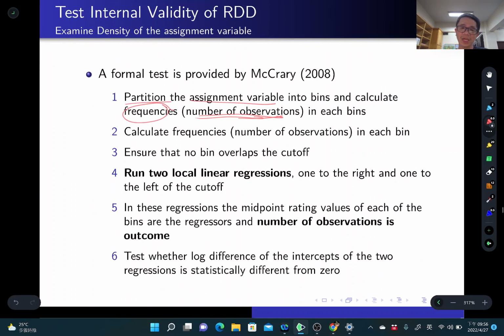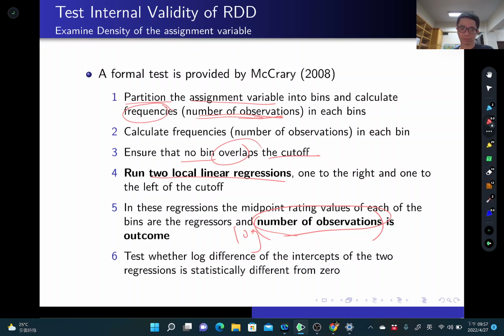Then you need to make sure the intervals do not overlap, and especially that none overlaps the cutoff, so that every interval is either above or below the cutoff. Then you run two local linear regressions, the RD estimation, but now the outcome is the number of observations in each interval.